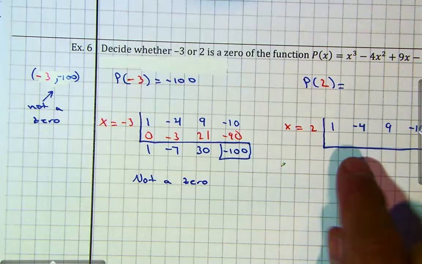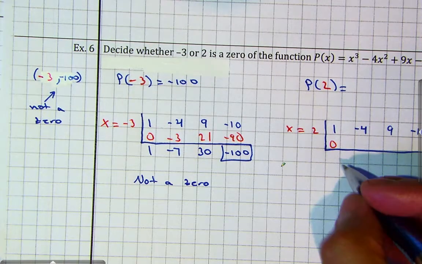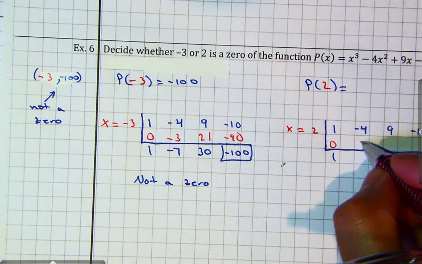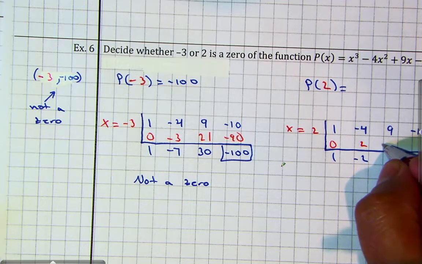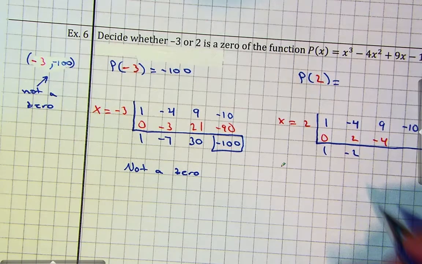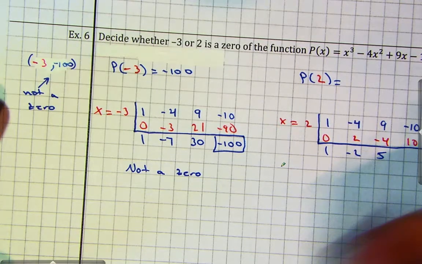So now let's try this one. That gives me 0, add, multiply, add, multiply, add, multiply, and bingo. That gives me a 0.